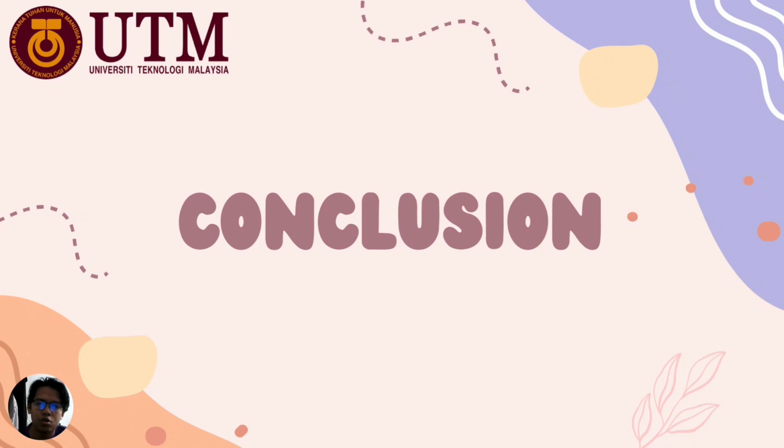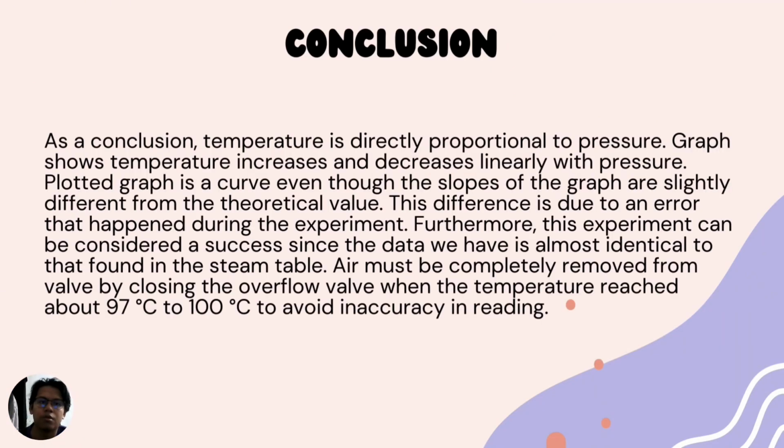Okay, for the conclusion, temperature is directly proportional to pressure. The graph shows temperature increases and decreases linearly with pressure. The plotted graph is a curve, even though the slopes of the graph are slightly different from the theoretical value. This difference is due to errors that happened during the experiment.